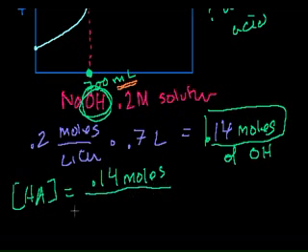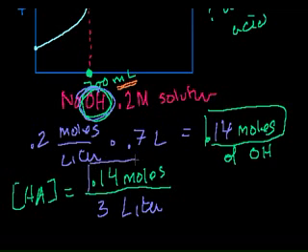And we know that our original solution before we started titrating was 3 liters. Remember, the molecules are canceling directly with each other. So that's why I wanted to figure out how many actual molecules of OH- I added. Those canceled out with the exact same number of molecules of our weak acid. And so this is how many molecules of our weak acid we must have started off with.